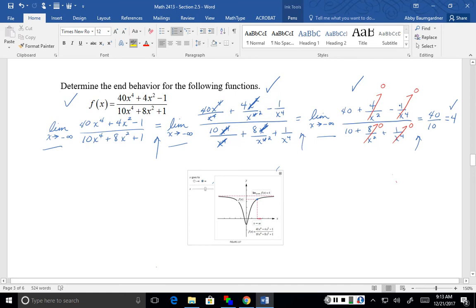Now, here's one thing I will do. If you have done the limit at either negative infinity or positive infinity, it doesn't matter, and you're asked to find the other one, then start off the problem.